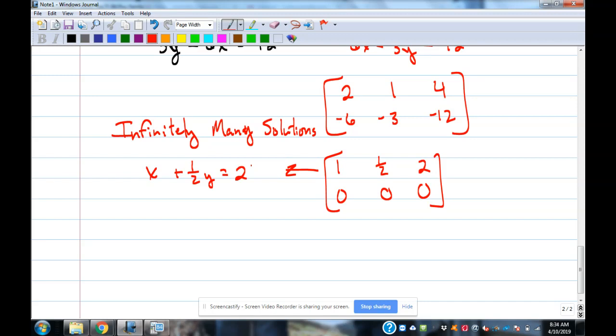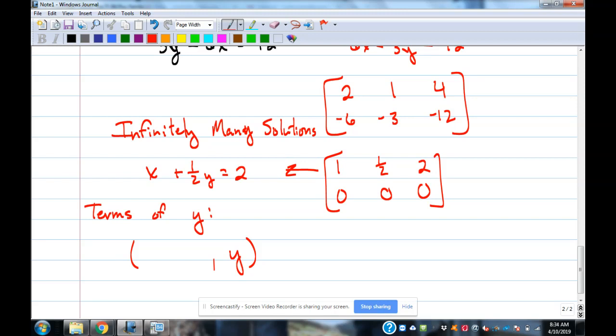The ordered pairs for all of these solutions can be built either in terms of x or in terms of y. In terms of y, what that means is your ordered pair is going to be some expression for x, and then we're going to pick a y value to start with. Like if we picked y was 2, we could get the x value that goes with that.